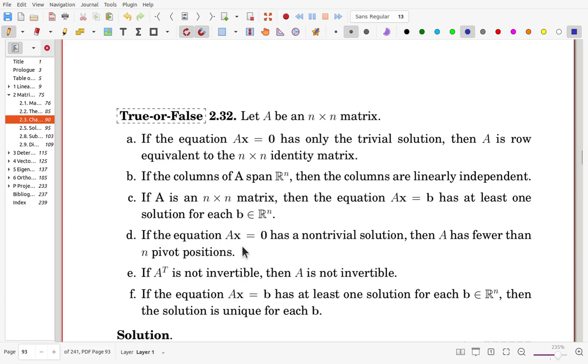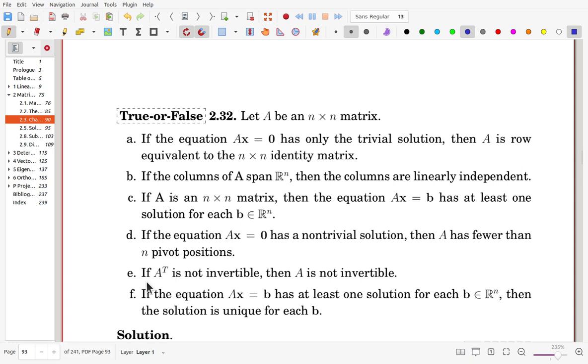Next: if the equation Ax equals 0 has a non-trivial solution, that means there is at least one free variable, so A has fewer than n pivot positions. Yeah, it's true, because with at least one free variable, the basic variables should be fewer than n, and so A should have fewer than n pivot positions.